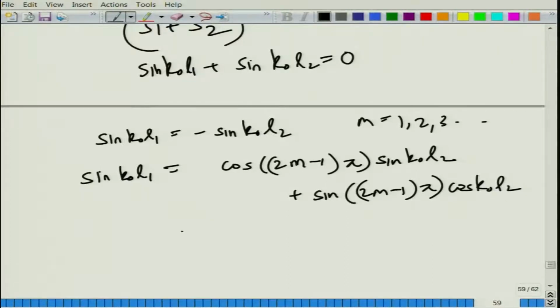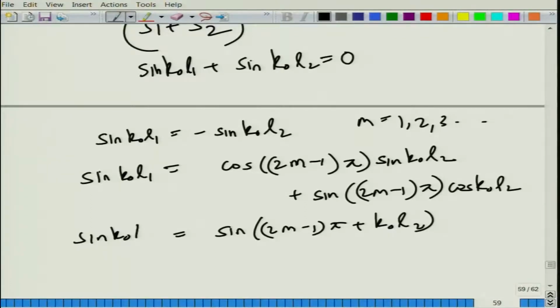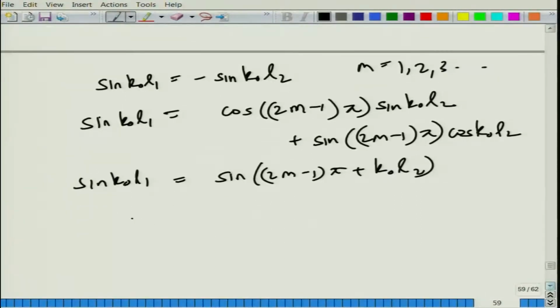The reason I have written this is because this can be written as (2m minus 1) pi plus K0 L2 equals K0 L1. Okay. So, you get K0 L1 is equal to (2m minus 1) pi plus K0 L2.